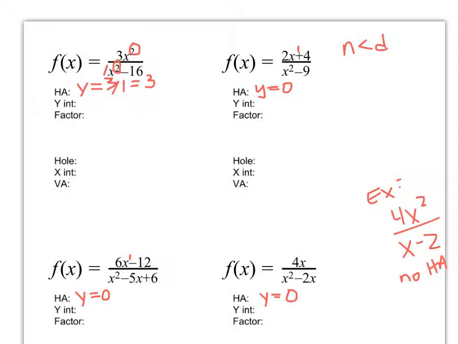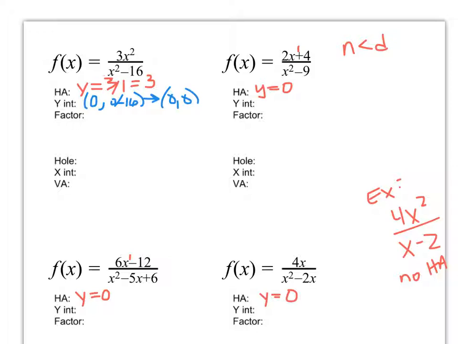Next, let's look at the y-intercepts. Y-intercepts have to do with when I substitute in 0 for x. In this first fraction, when I substitute 0 in for x, I get 0 over 0 minus 16, which is negative 16, which reduces to 0, 0.